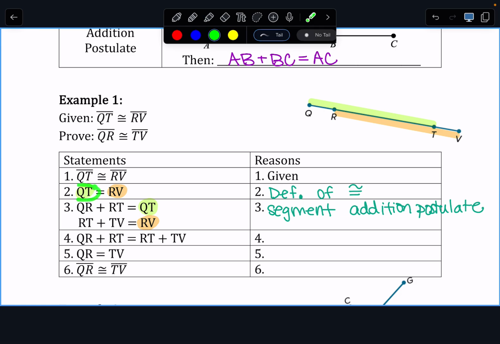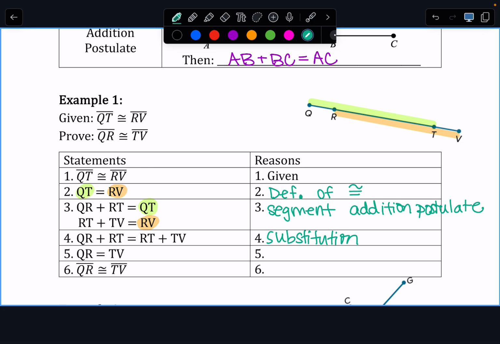QT is the same as QR plus RT, so we can replace QT with QR plus RT. We know that RV is RT plus TV, so we can replace RV with RT plus TV. When we replace, that's called the substitution property. If you put transitive, I'll be super okay with it.